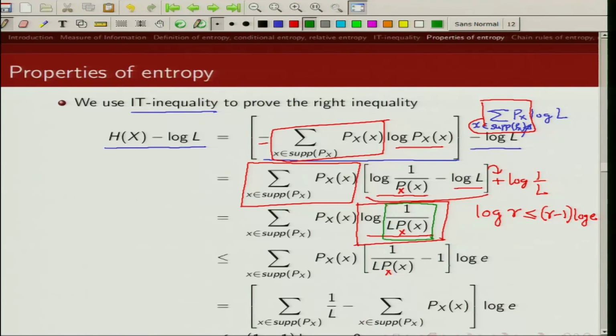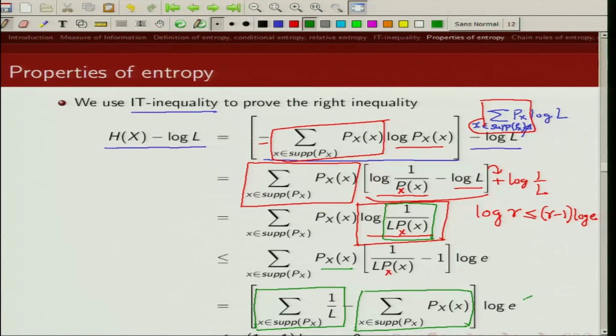Then simplifying it, the first term is summation over p(x) 1 by L p(x), and the second term is minus summation over the support set of p(x).